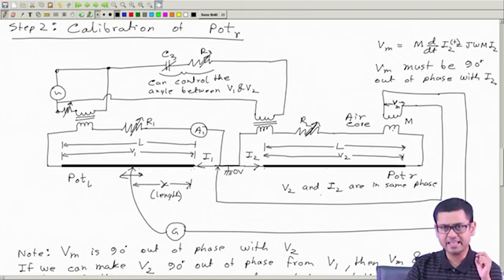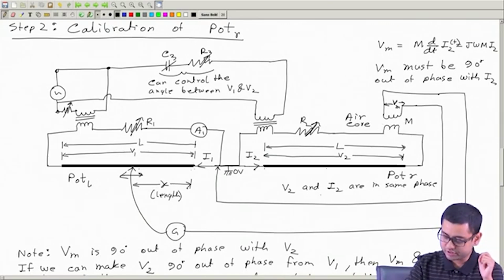There is a small delay which we call the hysteresis lag, due to which the flux generated by this primary coil, which carries I2, and I2 and flux will have a small lag between them.